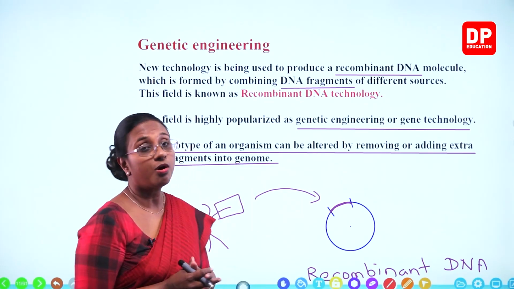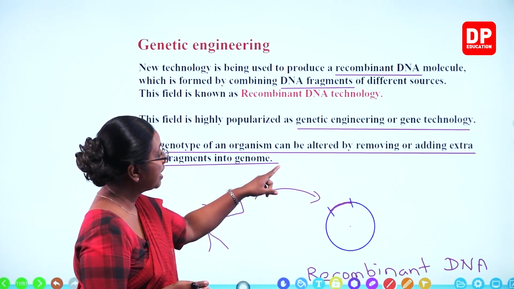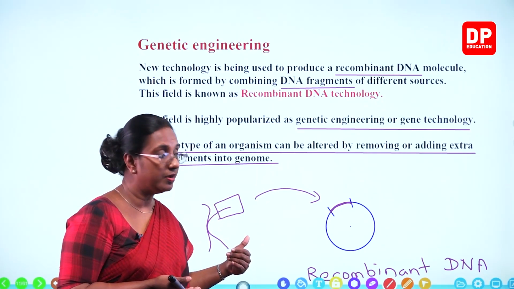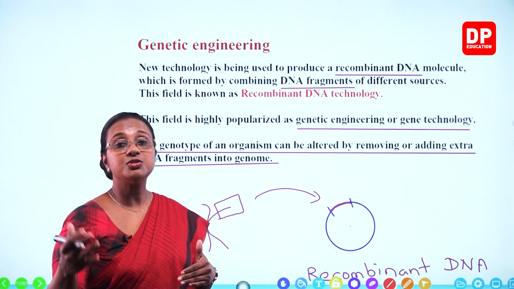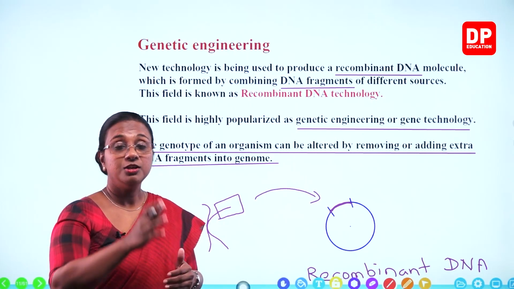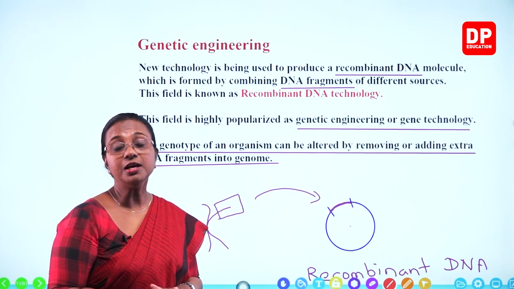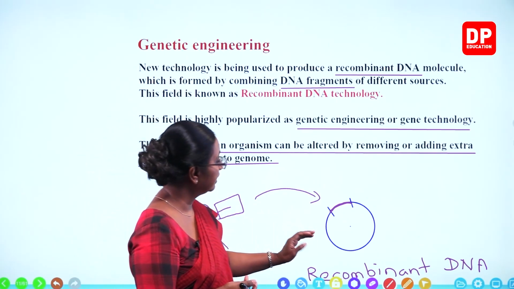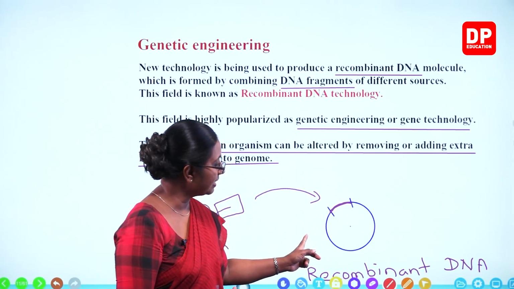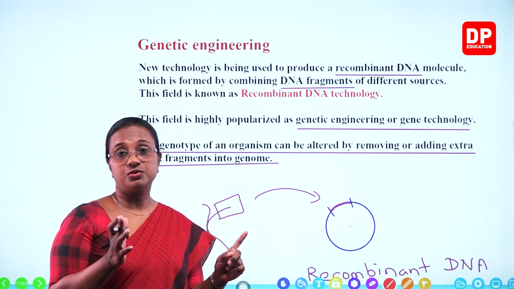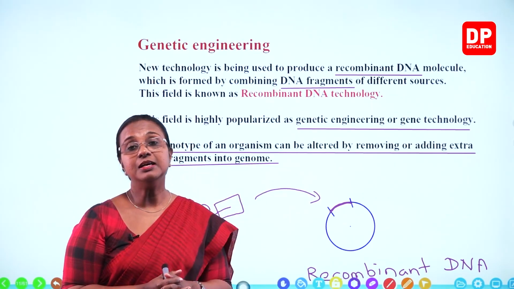Like that, all organisms have a genome, and that can be altered by doing what? Either you can remove, say, something that is giving rise to a harmful character. You can just remove it, discard it, and use that particular chromosome. Or like we did here, you can add to a chromosome. Here of course it's like replacing, otherwise you can add also. You split the chromosome and add another part to it.